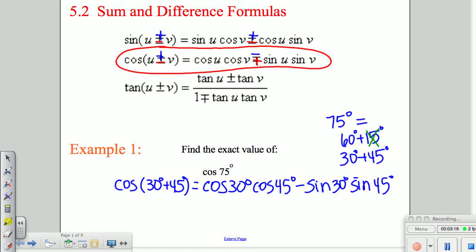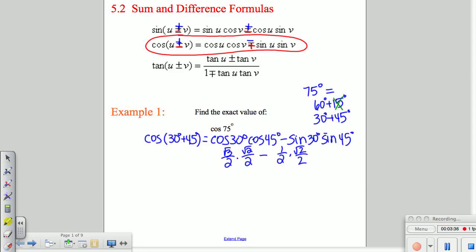And I can find all those with my unit circle. If I go to cosine, the cosine is the x value at 30 degrees. I get root 3 over 2. Times the cosine of 45 is root 2 over 2. Minus, and I do the same thing with sine, and I'm going to get 1/2 times root 2 over 2 when I use that unit circle.